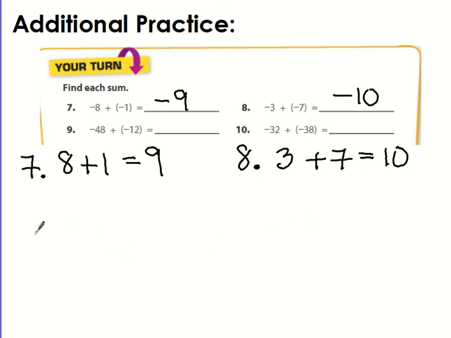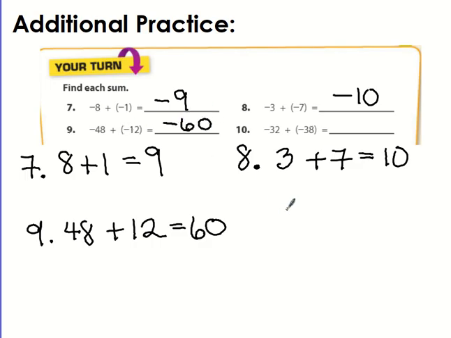Okay, so number 9: the absolute value of negative 48 is 48, plus the absolute value of negative 12 is 12, because it's 12 away from 0. Add these together. All right, 10, and then 4 plus 1 is 5, plus that 1 is 6. But because they were negative originally, my answer is also negative.